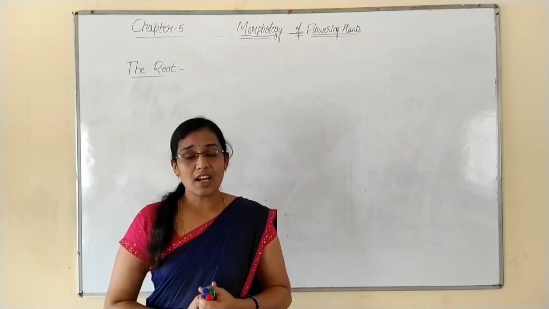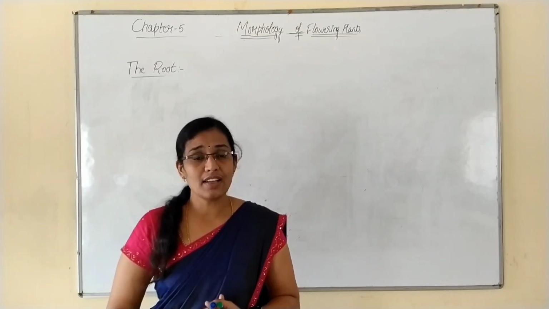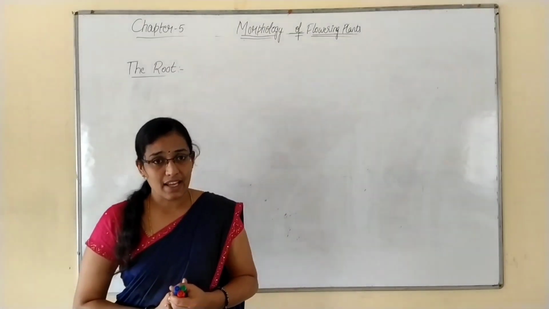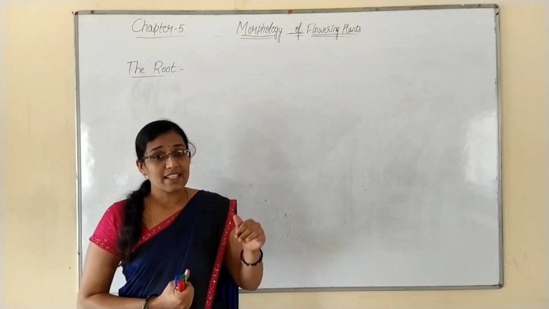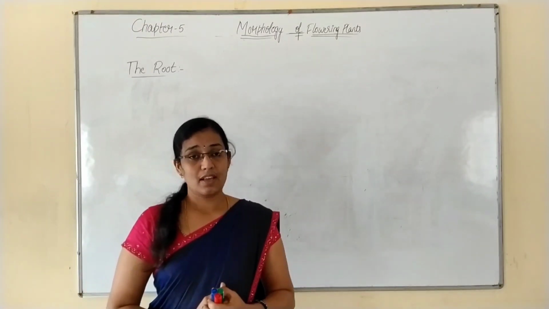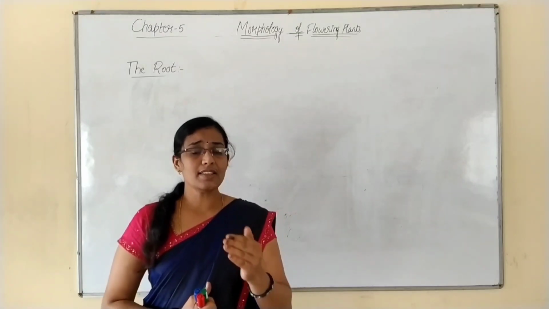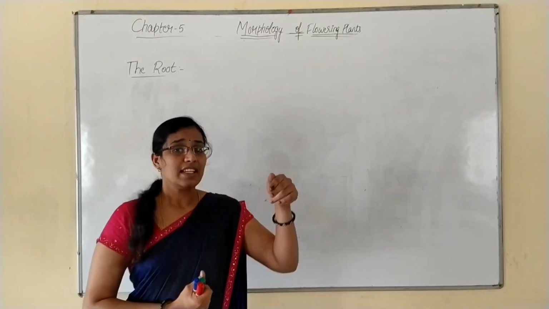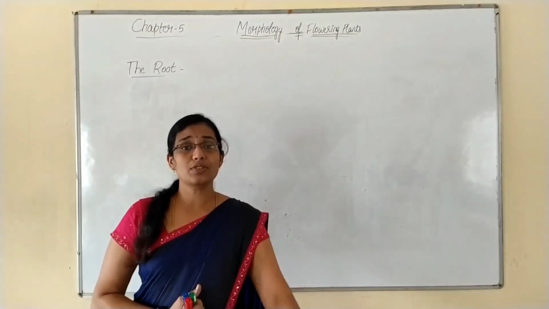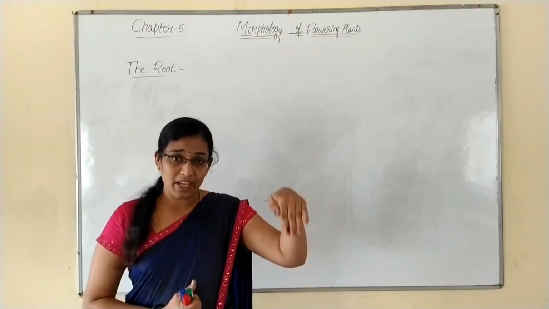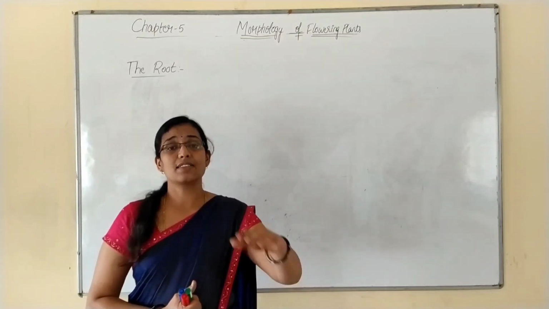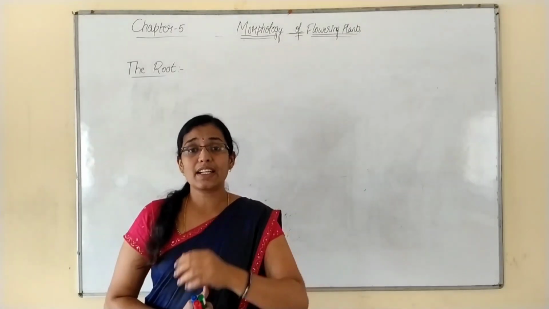So roots are underground, non-green, cylindrical plant axes, and also a descending plant axis. What do you mean by descending plant axis? Usually these roots go deep into the soil, and hence it is called a descending plant axis.